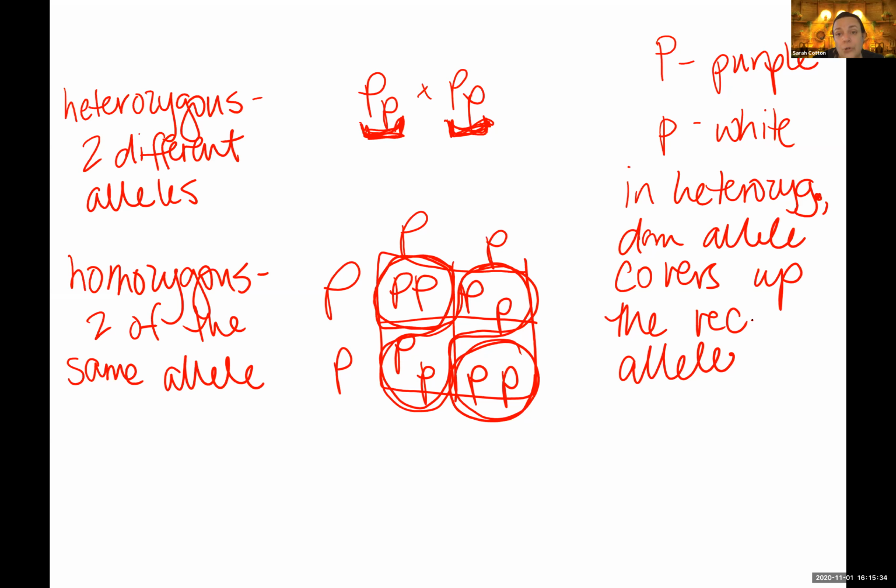There is a 1/4 chance, right, 25% chance that their offspring will be homozygous recessive. And there is 2/4 or 1/2, right, 50% chance that they'll be heterozygous, which means they will appear purple.